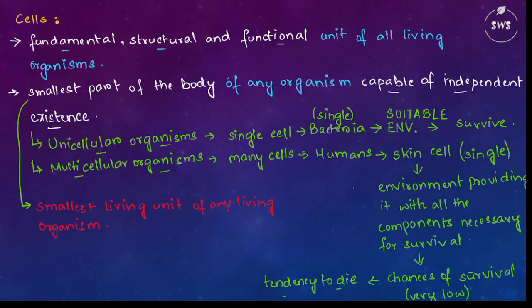Now, as you can see, if we take the example of different living organisms, be it an animal, be it human. Human beings are composed of thousands and thousands of cells, right?